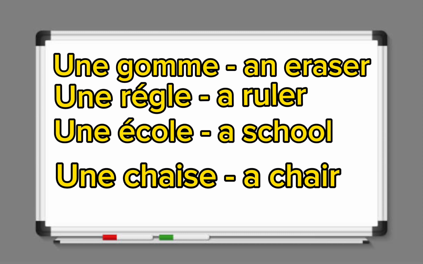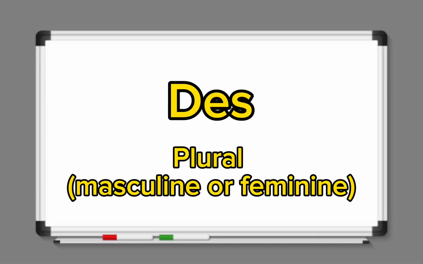Now let's see how to use plural form of indefinite articles in French language. Now you can see the plural form of indefinite article on the screen. We use des. It's D-E-S, but we pronounce it des.